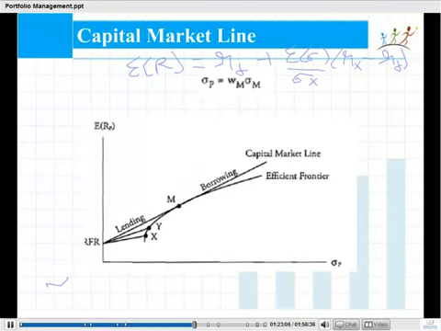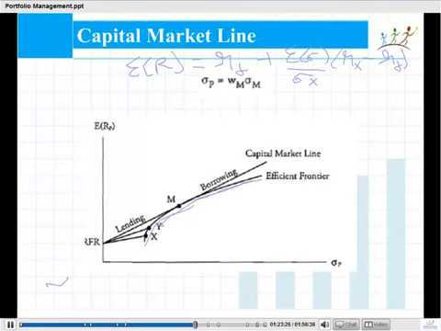Now tell me, once I have drawn the line through portfolio M, what is my efficient frontier? Is it the purple line?